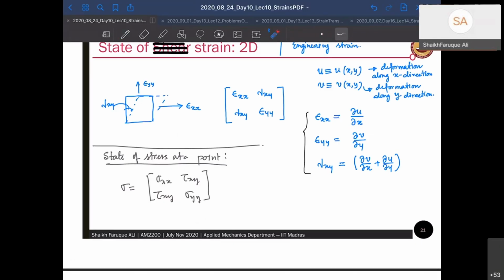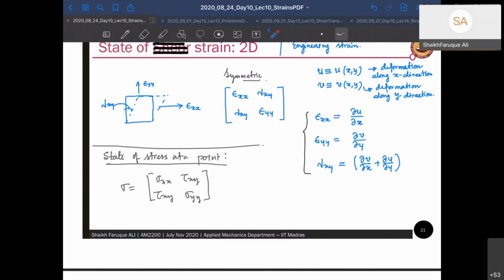So therefore, the state of strain at a point will be given by epsilon xx, gamma xy, epsilon yy. Now, these two gamma xy are going to be the same. This is also a symmetric matrix. Okay. And we know how to find epsilon xx, epsilon yy, and gamma xy.